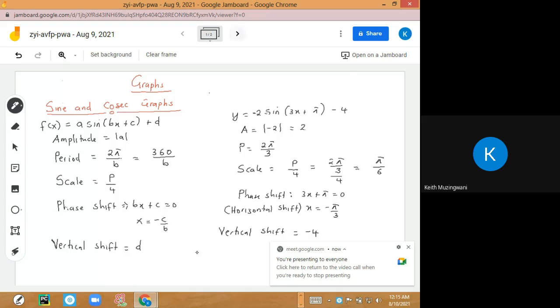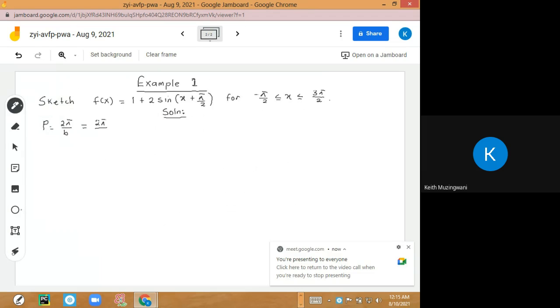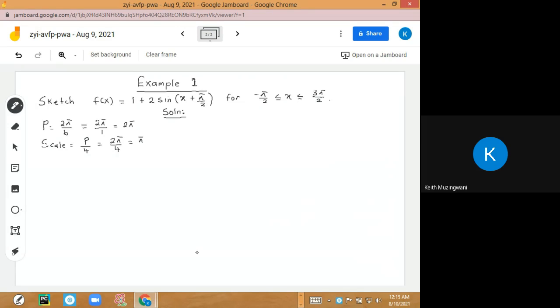So when x is standing alone like this, it means the coefficient is 1. So our period is 2 pi. Then you get the scale. The scale is the period divided by 4. So we have 2 pi divided by 4, giving us pi over 2.